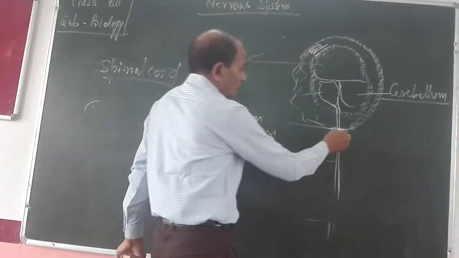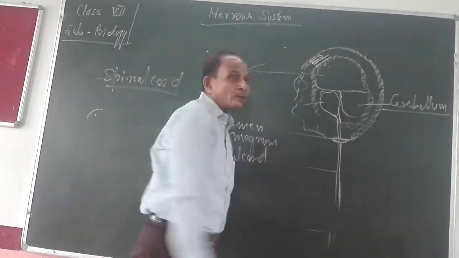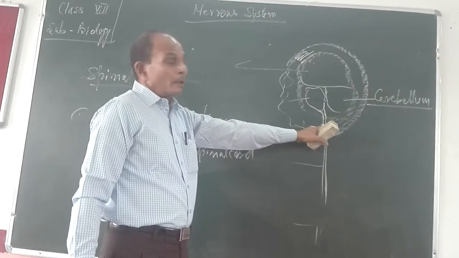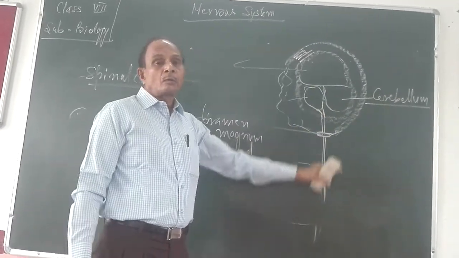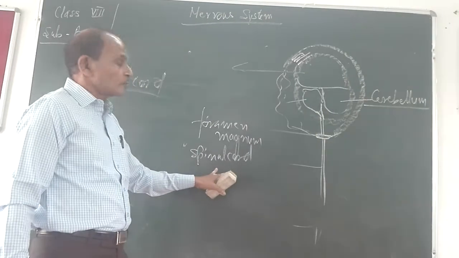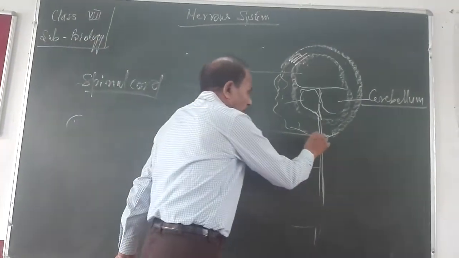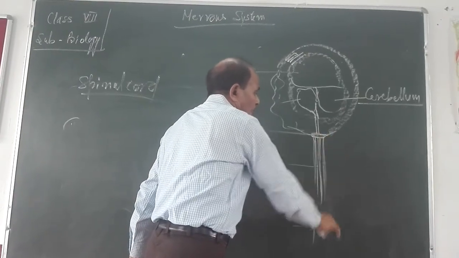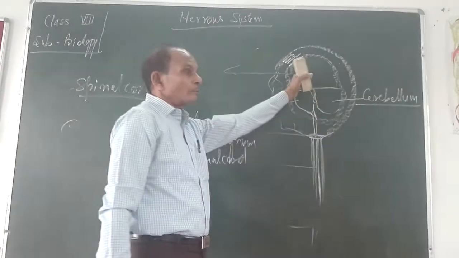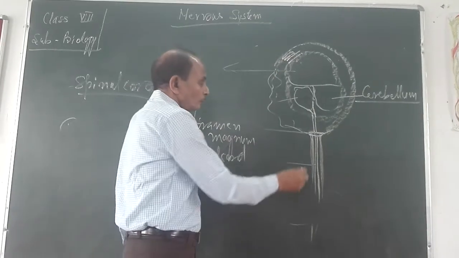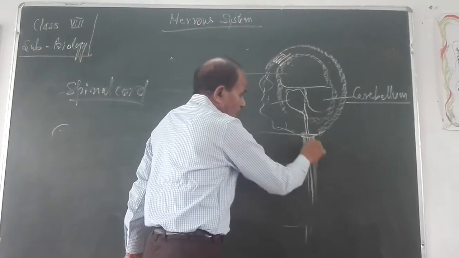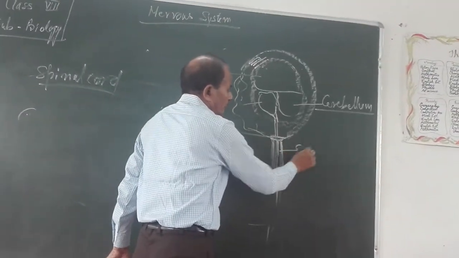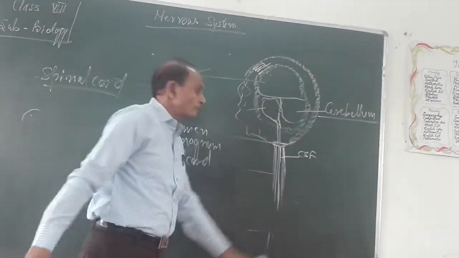But when this rope-like part is inside the skull, it cannot be termed as the spinal cord, it will be termed as medulla oblongata. After coming out from the skull, it will be termed as spinal cord. This spinal cord is also covered by three-layered meninges, as with the brain. The fluid filled in the space of the spinal cord and meninges is also CSF, cerebrospinal fluid.